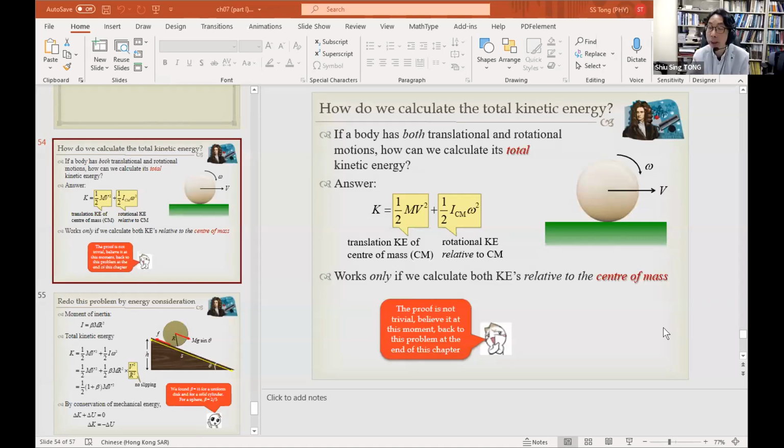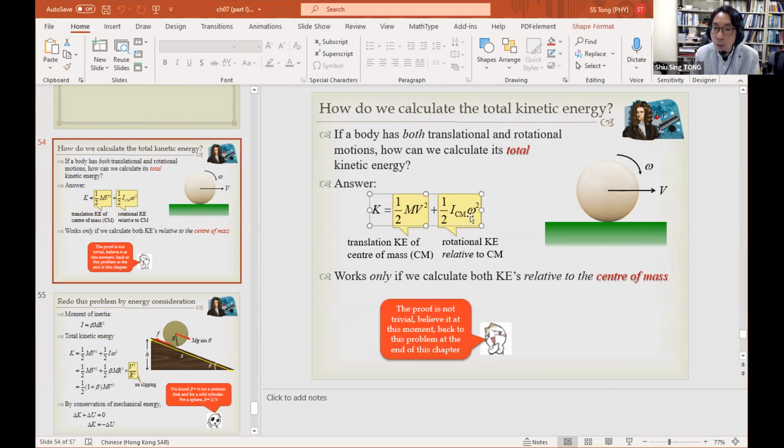We said that the total kinetic energy of a body can be decomposed into two parts. The first part is the translational kinetic energy associated with the center of mass. The center of mass is just like a point mass. You imagine all the mass of the body to be concentrated at that point. If the center of mass moves with velocity V, then the translational kinetic energy is half m V squared.